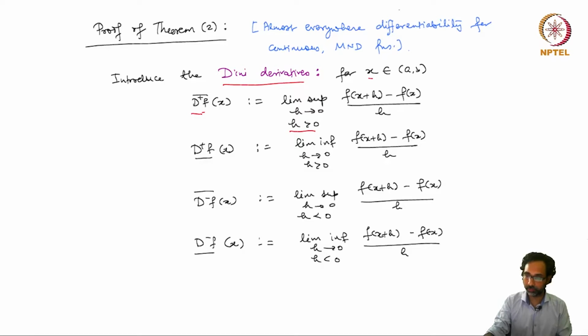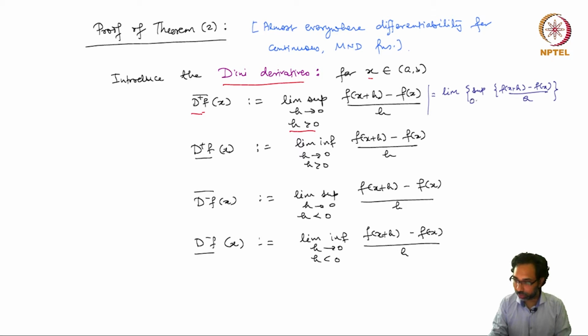By definition this lim sup is equal to the limit of the supremum of this expression (f(x+h) - f(x))/h, where the supremum is taken over all h in an interval (0, delta), and then you let delta go to 0 from the right.